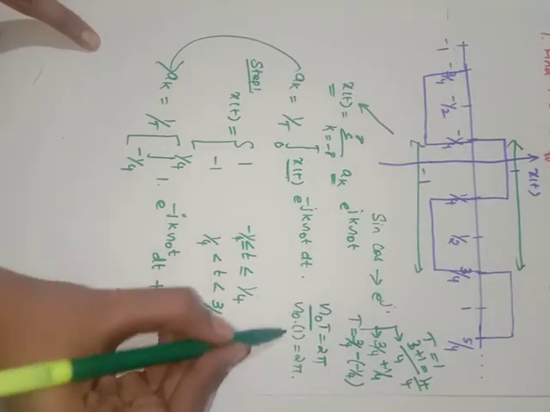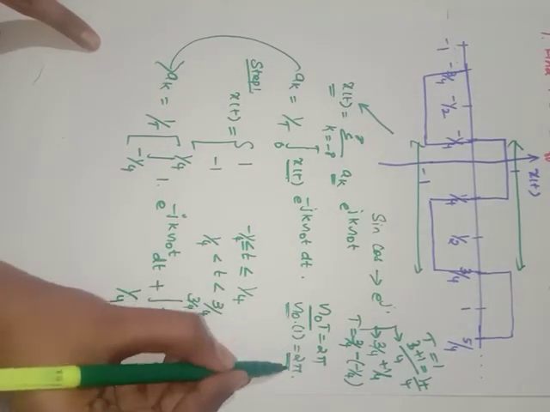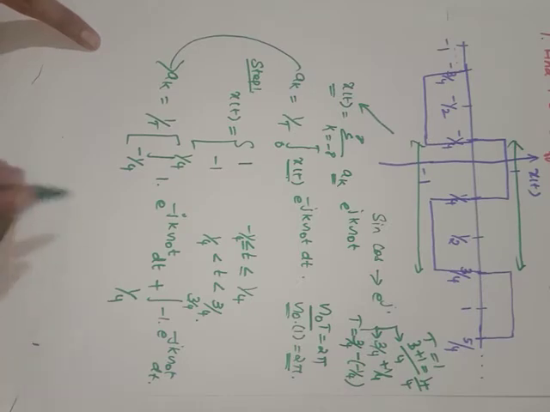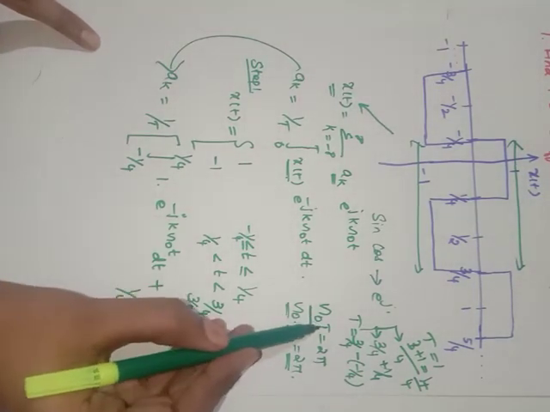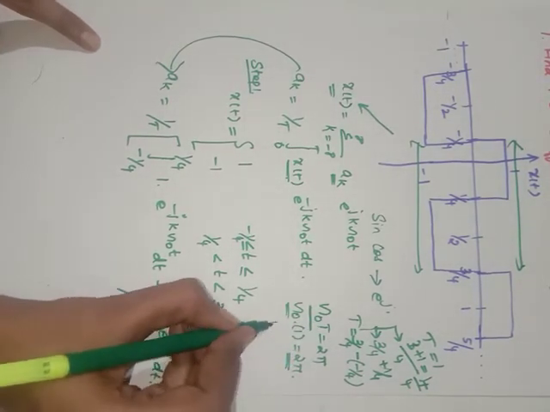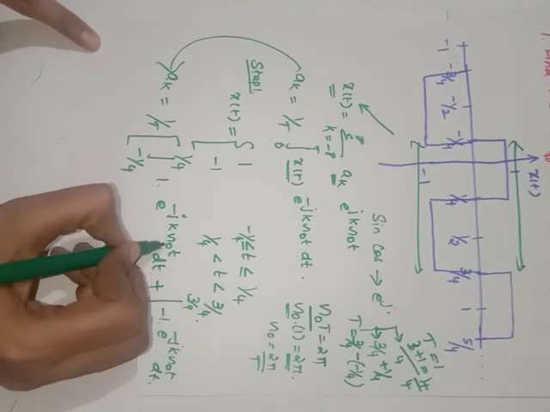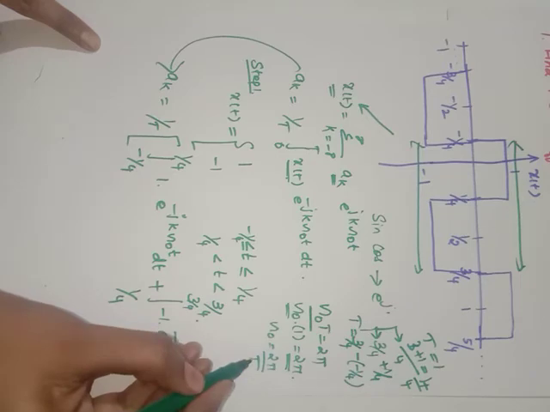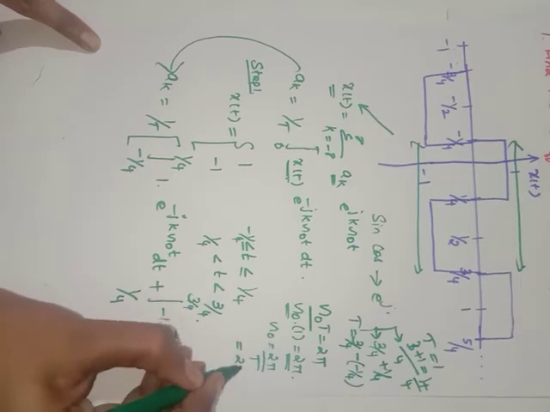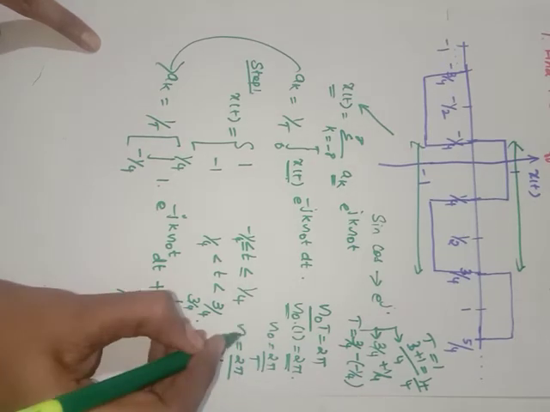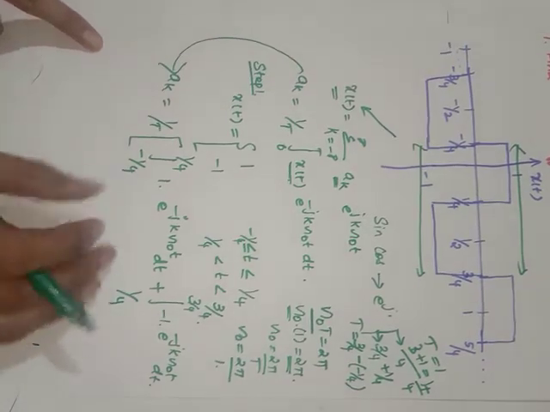So therefore ω₀ into 1 is equal to 2π. Wherever you have ω₀, you now need to substitute 2π. Understood? Otherwise you remember, ω₀ is equal to 2π/T. So wherever you have ω₀, you substitute 2π/T. Here T is 1, so I am going to substitute ω₀ equal to 2π.